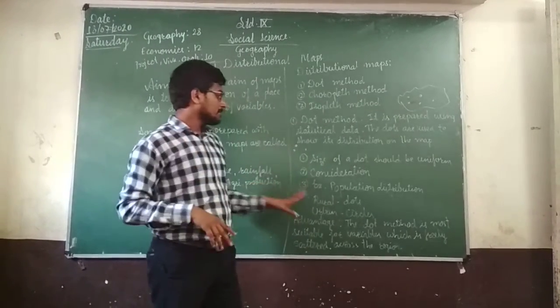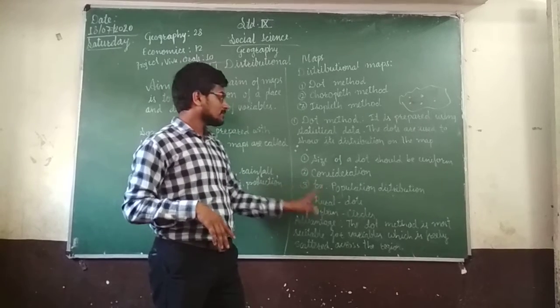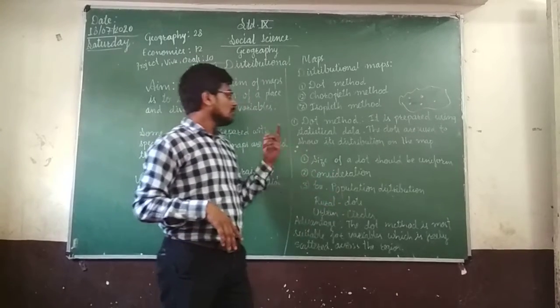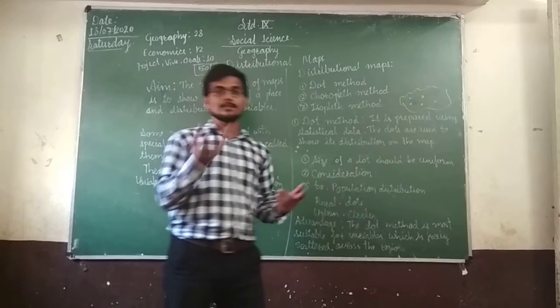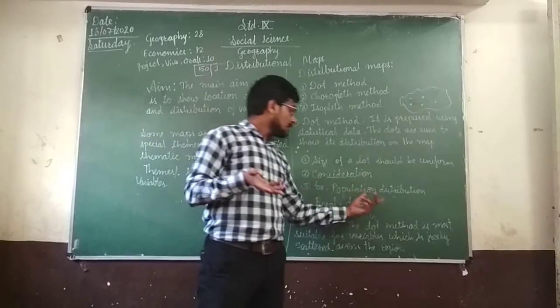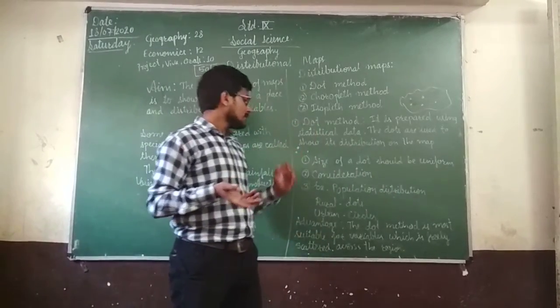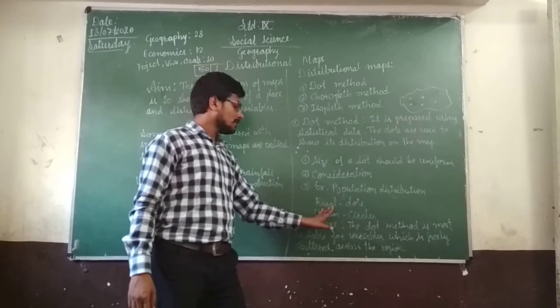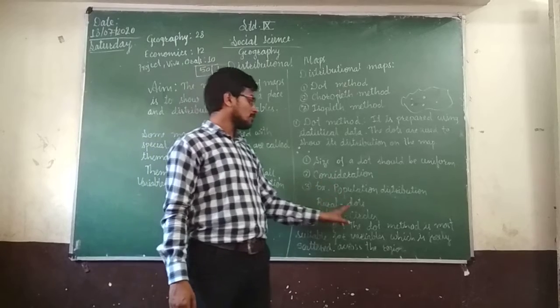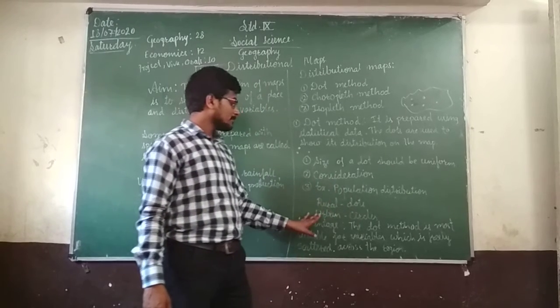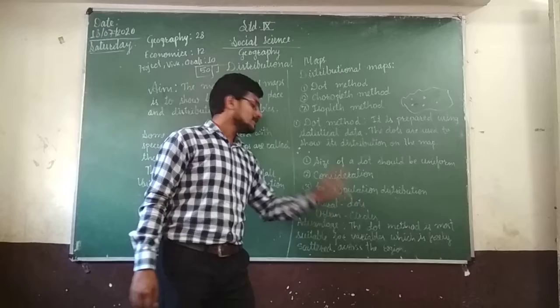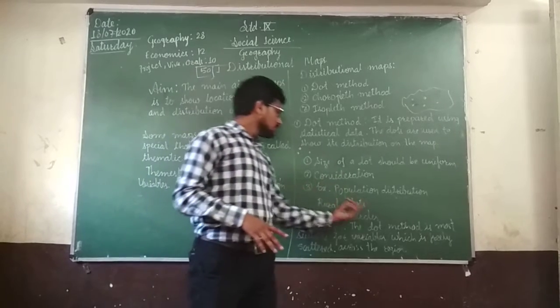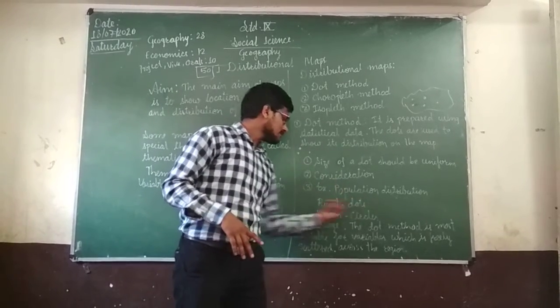Point number 3. For example, we need to show the population distribution of a particular district in dot method form. I would suggest we can show the population in rural areas in dots, and for urban areas we can show the population in circles. Now why do we use dots for rural and circles for urban?